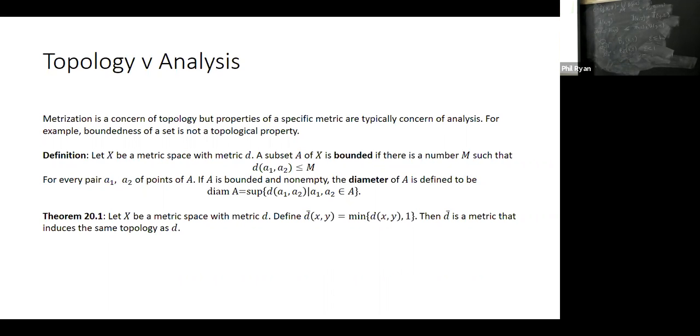So if we use a number other than 1 when we define the new metric, if we use a number greater than 1, I think we'd still get a metric, and it would still induce the same topology. If we use a number less than 1, I don't think we'd still get a metric, would we?